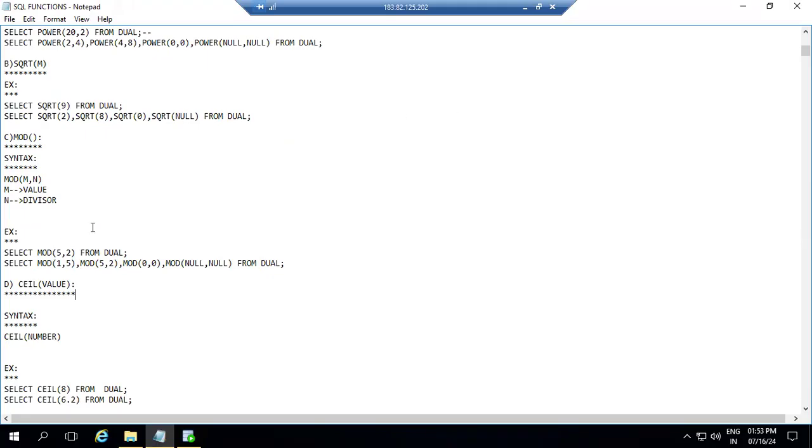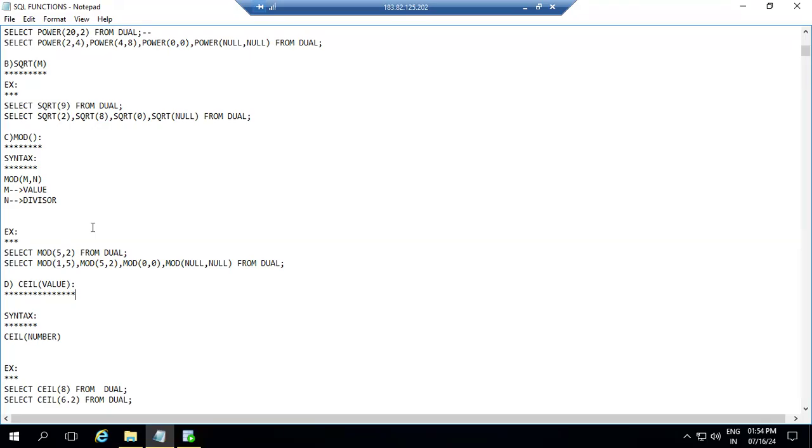Where all do we use this mod function? To find out whether it's an even number or odd number, or whether it's a leap year or not a leap year. So what do you mean by leap year and not a leap year here? How will we consider whether it's a leap year or not? 365 days, 360 days.